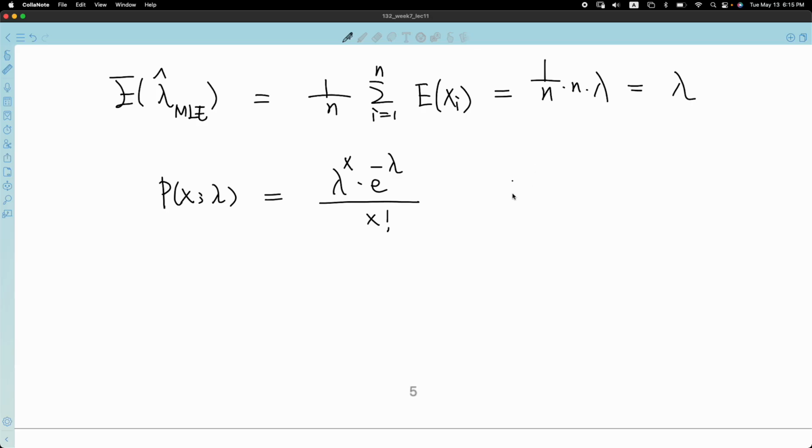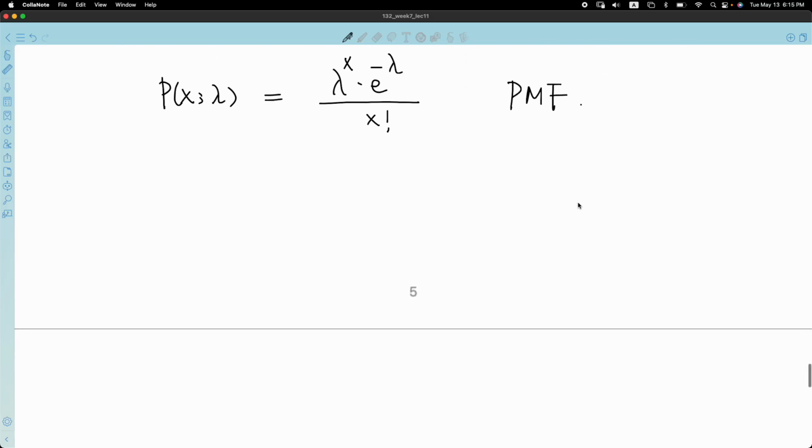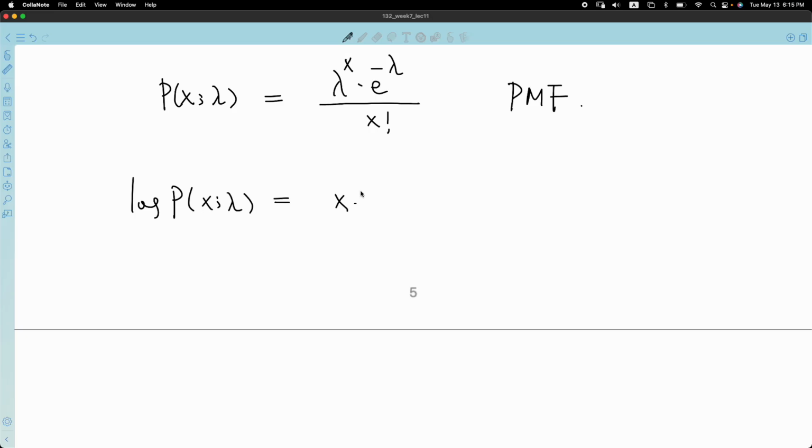Okay, so this is the probability mass function. To get the Fisher information, we need to start with the log likelihood. So log of P of x is equal to x multiplied by log of lambda minus lambda minus the log of x factorial.